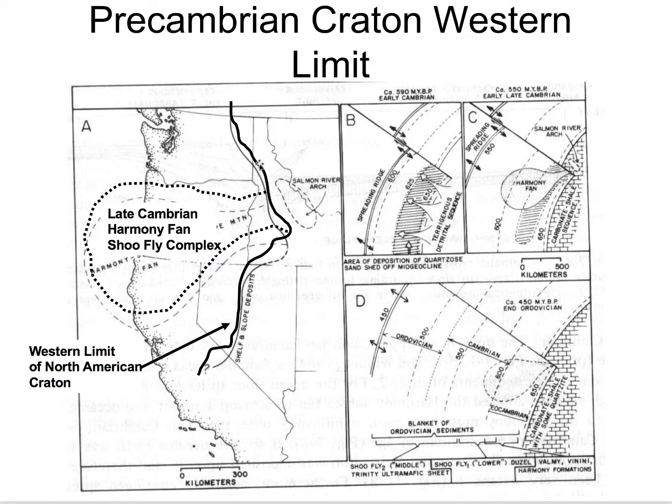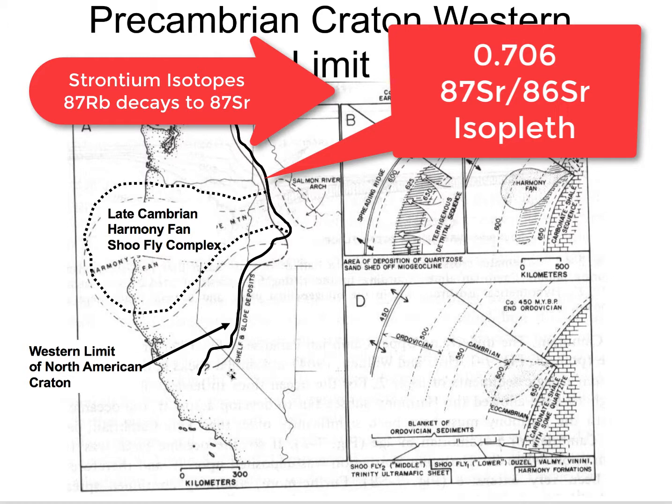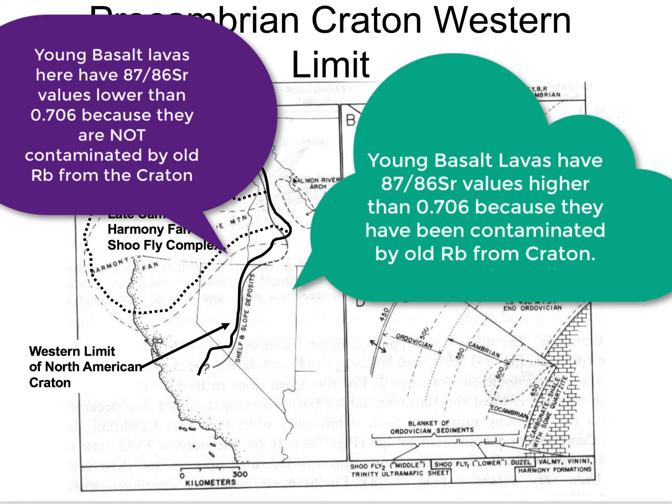Now this line here, which is the edge of the craton, we call the 706 isopleth, and all that means is that when we look at strontium isotopes, the lower the strontium isotopes, the more depleted the source. That's because older craton has lots of rubidium, and rubidium decays to strontium, so the basalt lavas that erupt on the craton have elevated values because they're contaminated by all that radiogenic strontium that developed from the rubidium in the old Precambrian rocks.